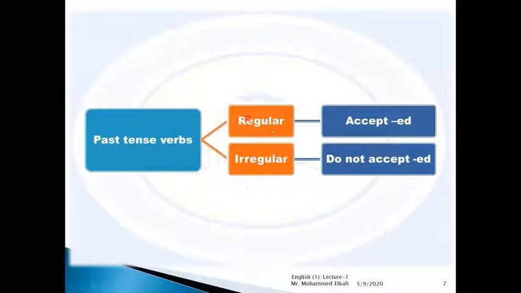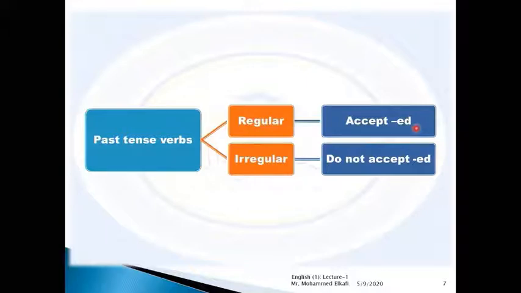The regular verbs accept ed, as in opened. The base form is open, the past form is opened. Play is the base form, played is the past form. We add just ed, and also as in jump and jumped.